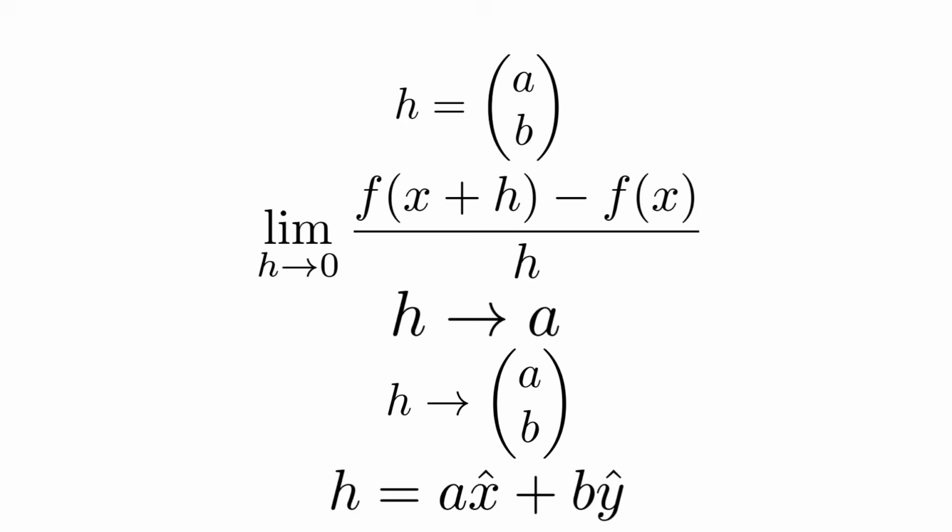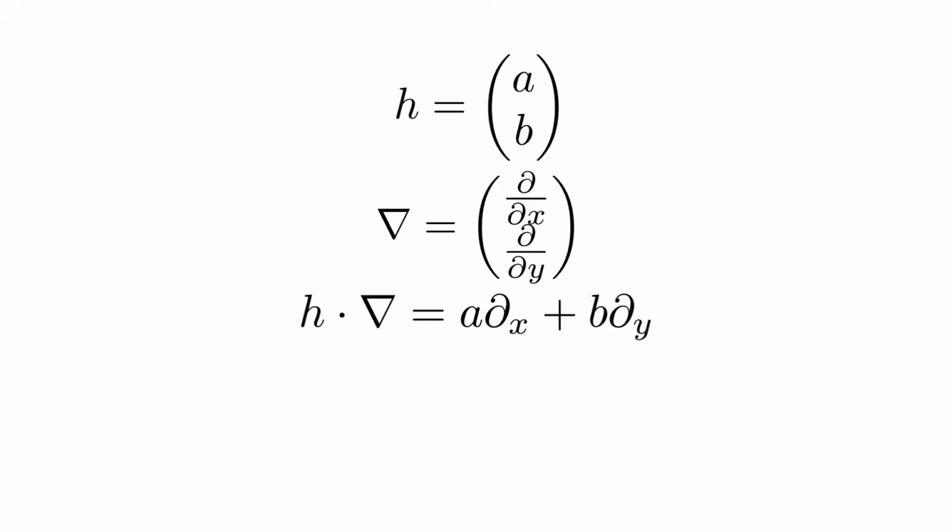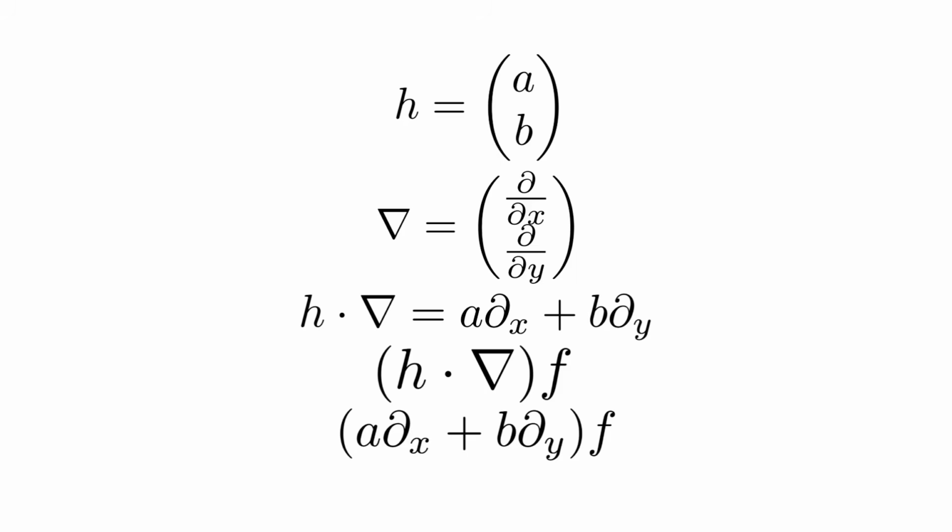If we take the dot product of h and del, we get a tiny change along h, which is equal to a partial x plus b partial y. Using this, we can take the derivative of a function along the direction h. We can do this by simply multiplying them, giving us h dot del times f. We can expand the parentheses and then multiply, and we get this.